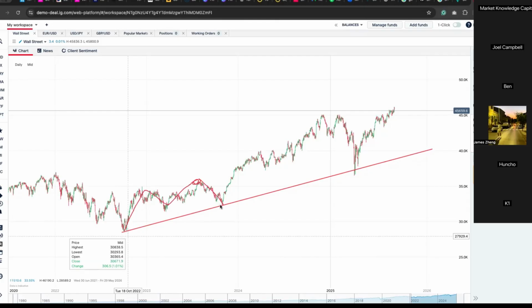So we've touched it. We've gone up again. This is our second one. We've come back down, touched it again. As you can see, it tried to break out of it, but it didn't. It respected it. And now we're back up again. So what we've essentially got is 1, 2, 3, 4, 5 different waves potentially within this trend.